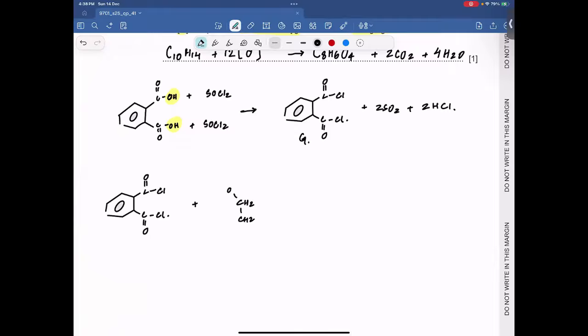CH2, this is OH, this is OH. Now from here, I'm going to use chloride, and from here, I'm going to use hydrogen. They will react together to give an ester, with misty fumes of HCl. So the structure is going to be like this.